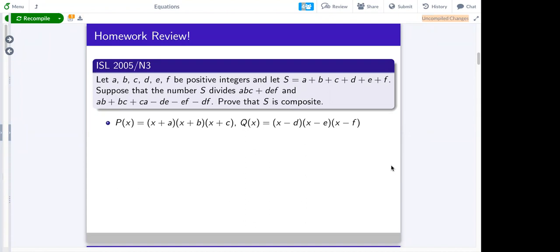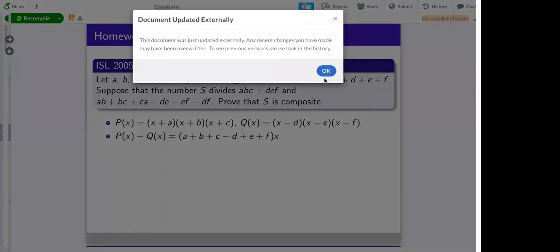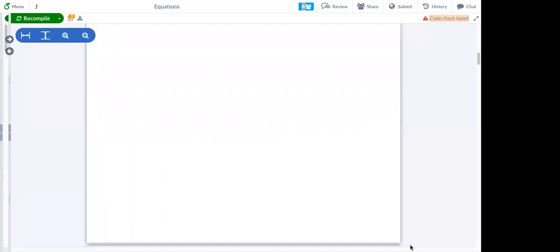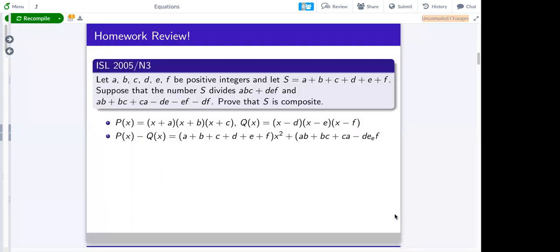So we get P of x minus Q of x is going to be equal to (a plus b plus c plus d plus e plus f) times x squared plus (ab plus bc plus ca minus de minus ef minus df) times x, and then plus abc plus def.